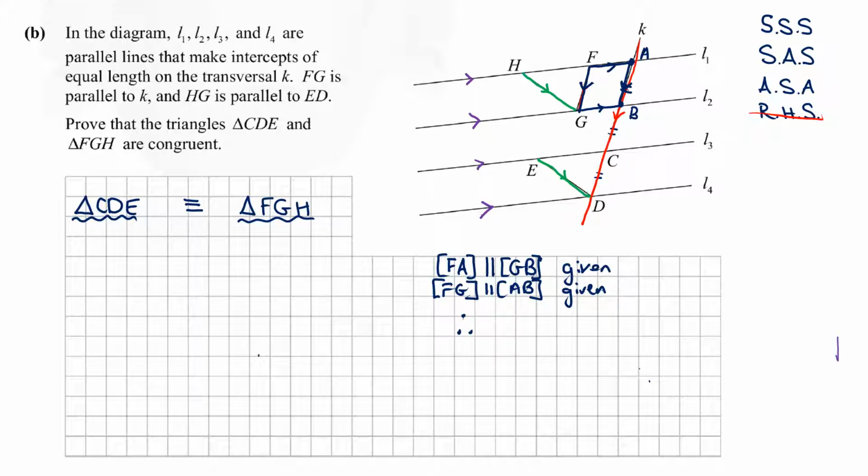Therefore, FABG is a parallelogram. Okay, so what does that mean for us? Well, therefore, the length of FG equals the length of AB, because it's opposite sides in a parallelogram.